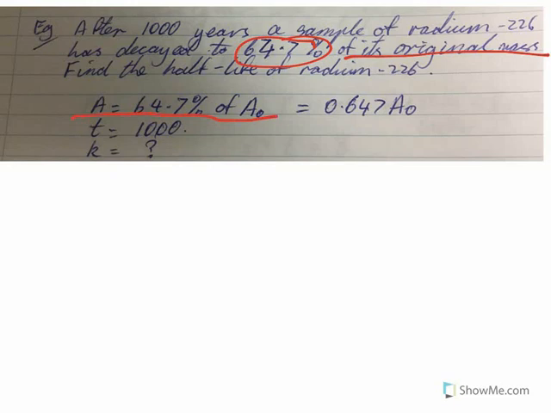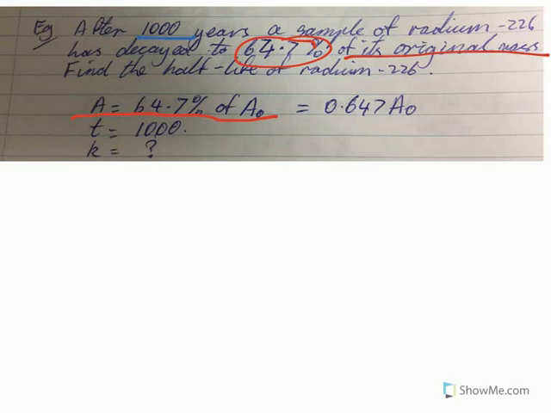So what does that mean? Well, let's put 64.7% in a decimal, and there it is next to it, 0.647 A0. The time, well, you were told up here after 1,000 years. So the time is 1,000, and we're wanting to find out what the constant is, first of all, and then we can work out what the half-life of radium is.